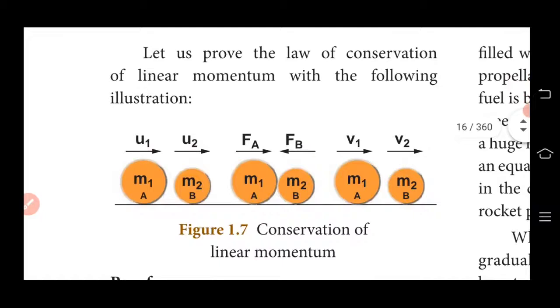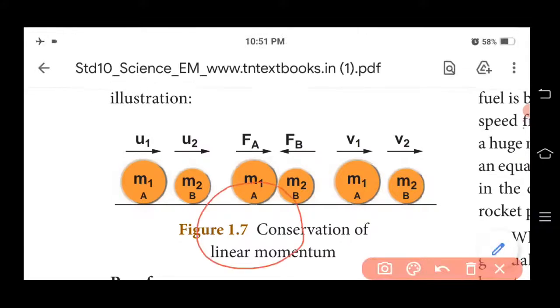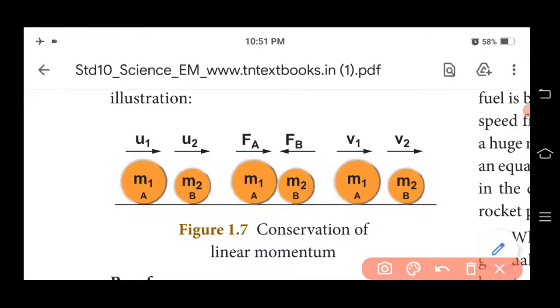Consider two bodies A and B having masses m1 and m2 moving with initial velocities u1 and u2 in a straight line.